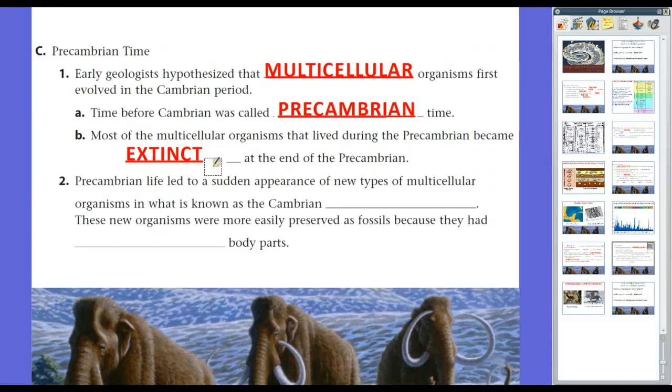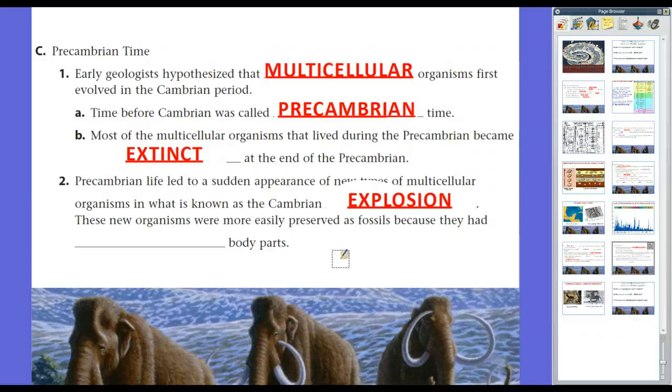However, Precambrian life led to a sudden appearance of new types of multicellular organisms in what we know as the Cambrian explosion. If we look at the fossil record, we just have little multicellular organisms, little protoplants, things like that. All of a sudden, 540 million years ago, bang!